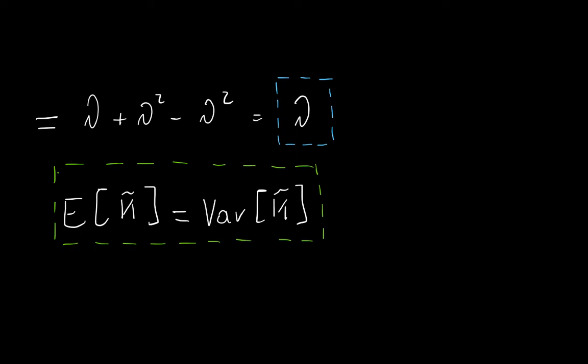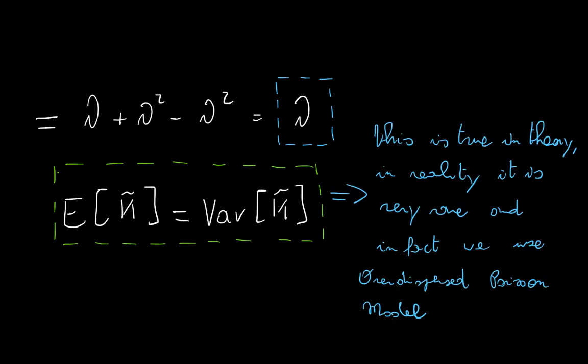In practice it is very difficult that it happens. Normally the variance is a little bit higher than the mean, and in fact for empirical purposes statisticians use models called over-dispersed Poisson models in order to take into account the difference between the mean and the variance of a Poisson random variable.